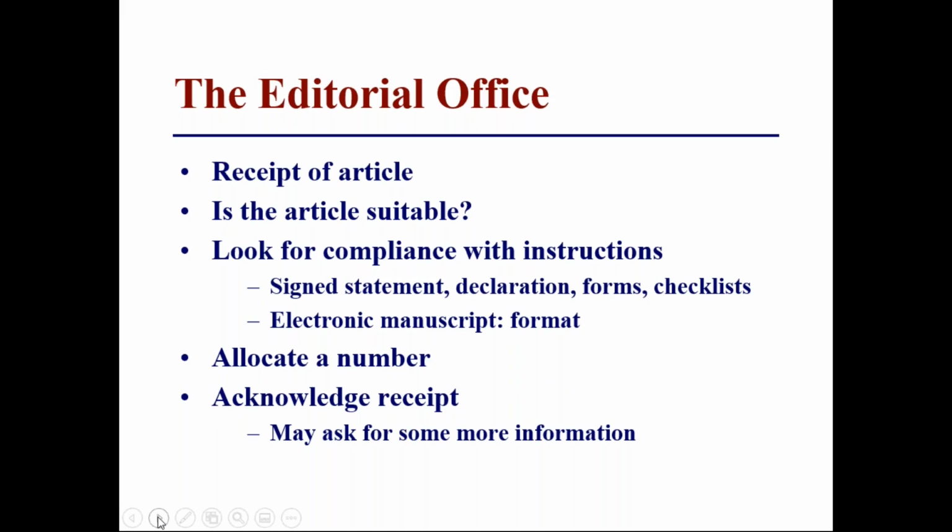They would then allocate a number, and you would receive an acknowledgement with the manuscript number. They may, in addition, ask for more information, something that you may not have uploaded, something that you may have ignored, something that you submitted but was not clear to them. And if they do ask for this information, then please go ahead and reply to this.